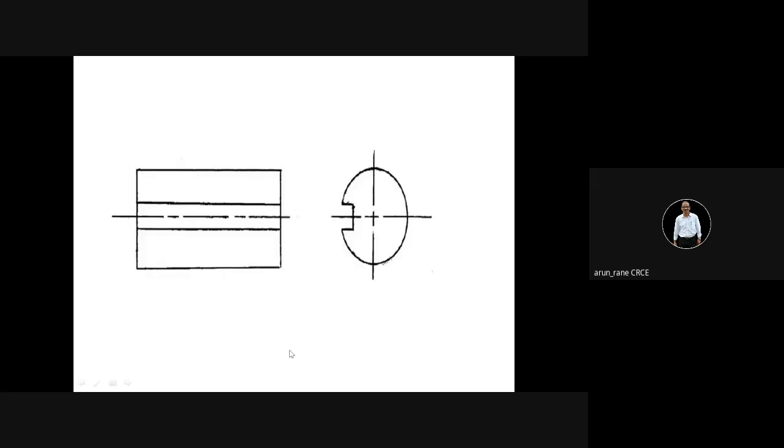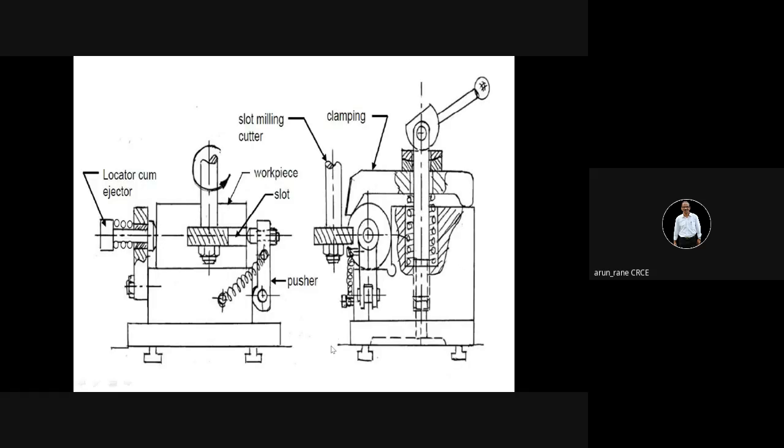Now this is another component in which a through and through slot is cut. And you have one more milling fixture design for your reference. So this is a vertical milling machine.